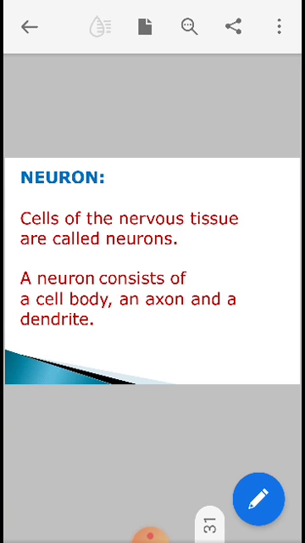What are neurons? Neurons are the cells of the nervous tissues. The cells of nervous tissues have a name, and they are called neurons. Now this structure of the neuron you have to draw in your notebook because it is important and you must know that it is composed of a cell body, an axon and a dendrite.